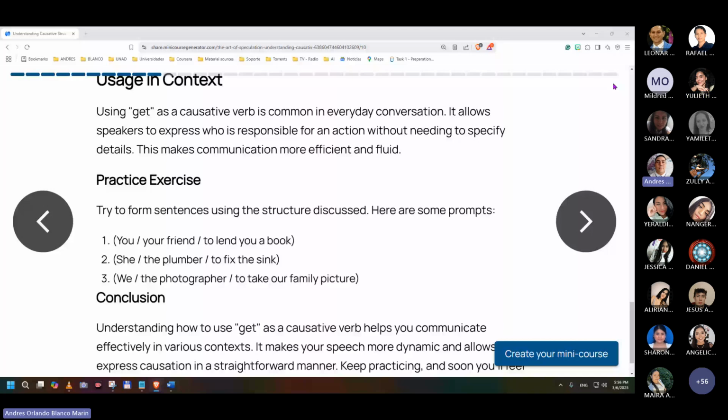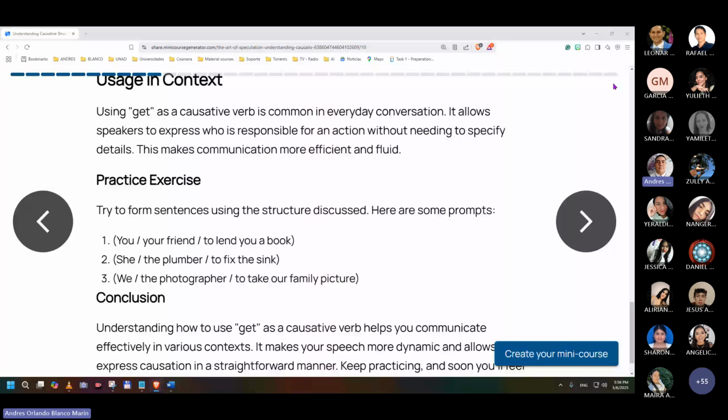Number 2, but in the future. We'll have the photographer to take our family picture. Okay, but I'm asking number 2, but number 3. She will get the photographer to take our family picture. That's possible in the future.